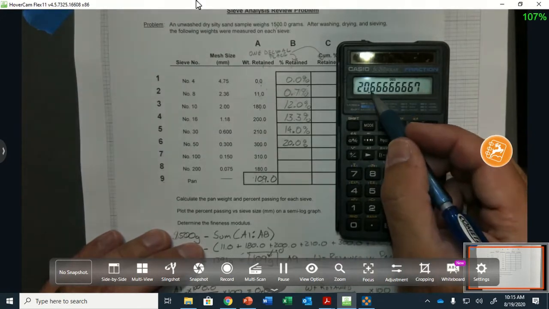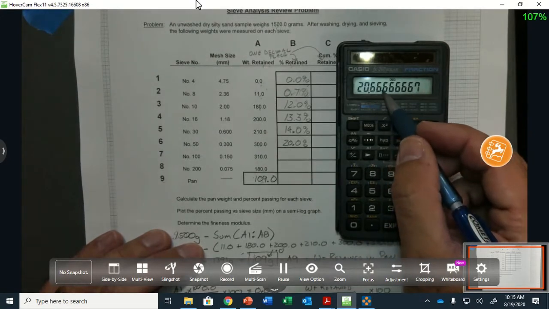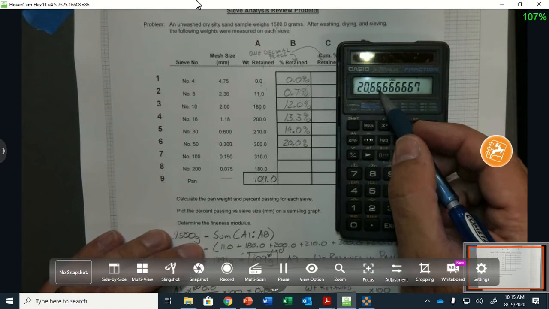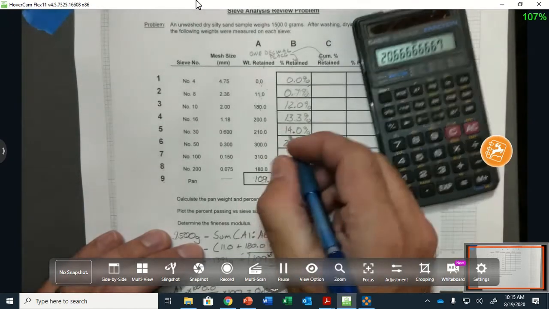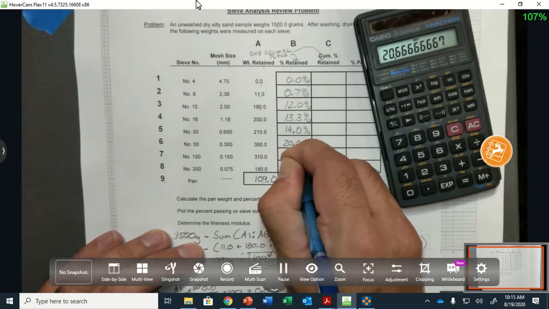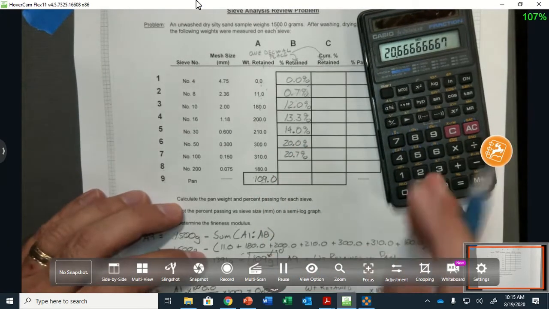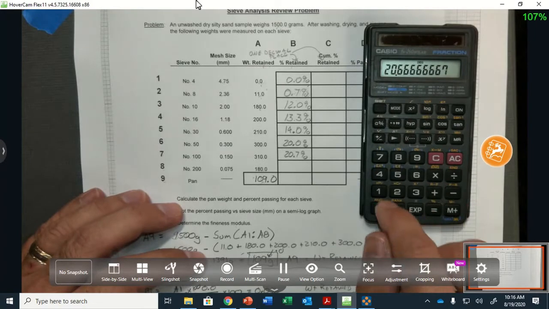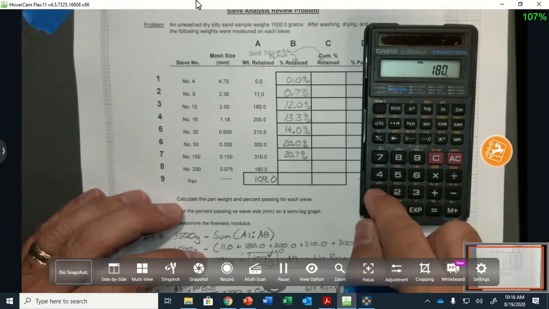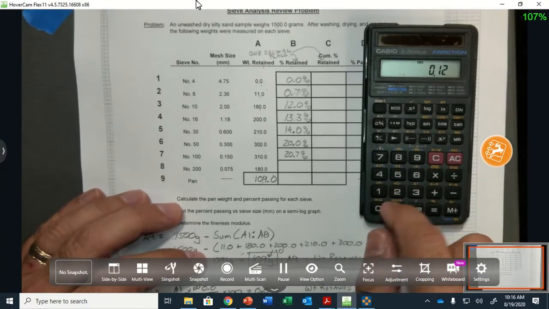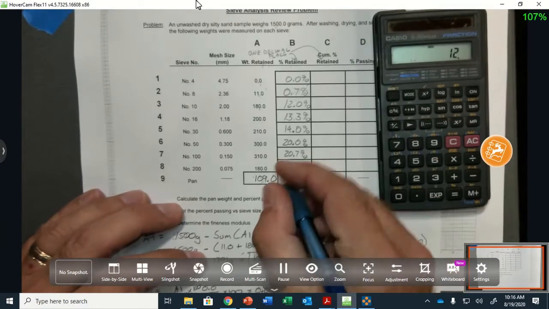So 20 point, so I want one decimal place here. So this is a 6, so that's 5 or higher, so that's going to turn to a 7. 20.7%. Okay. And then the last one, or two more, 180 divided by 1500 times 100, as again, is 12%.